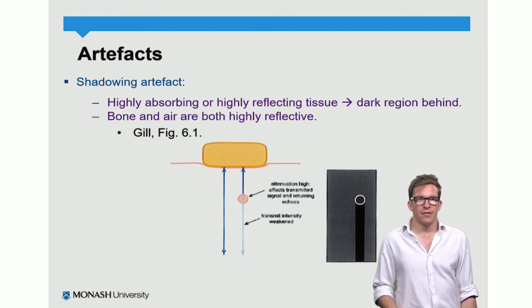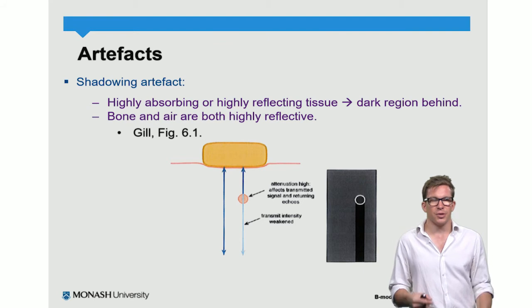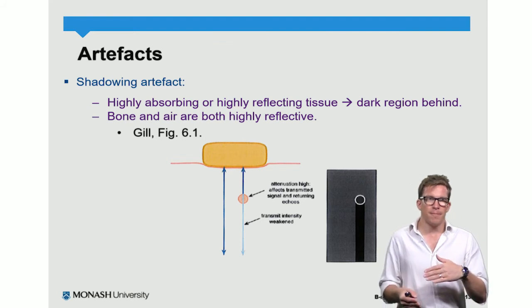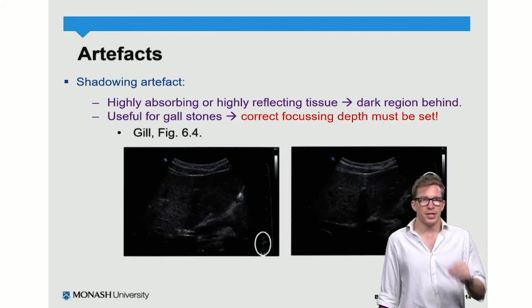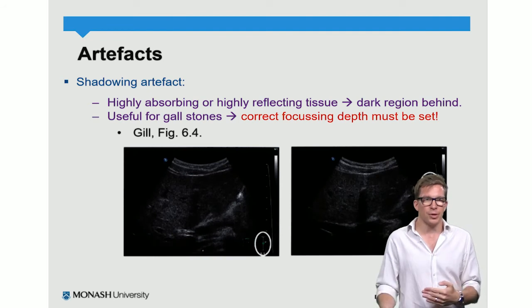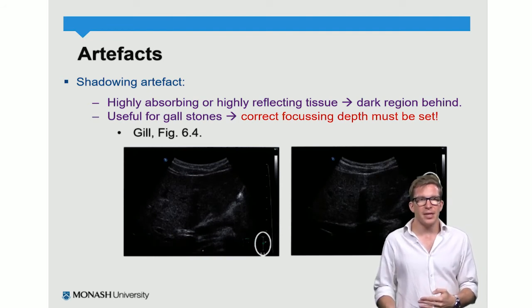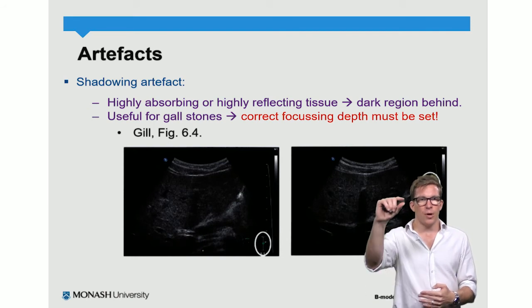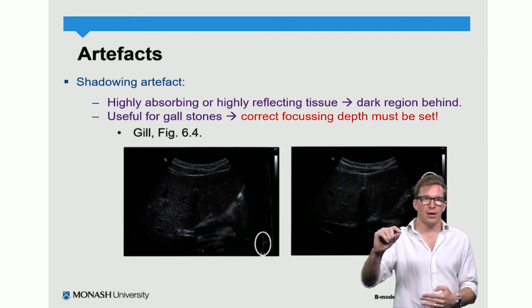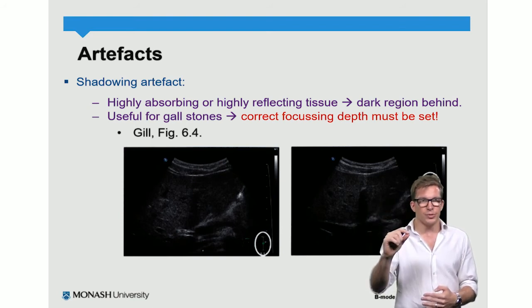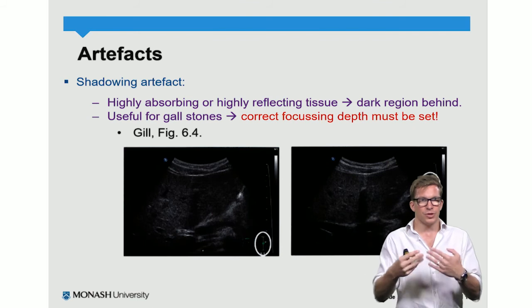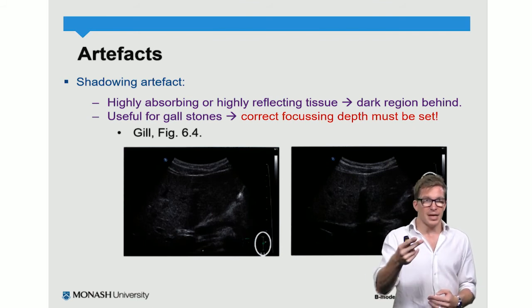So we can see various forms of shadowing artifacts. When we've got transitions between highly reflecting tissues, we're going to get shadowing artifacts. Now, one thing that we have to account for is that when we set our depth marker, our depth cursor, on the display, the focal depth point, in order to reduce those artifacts, has to be at the right depth.